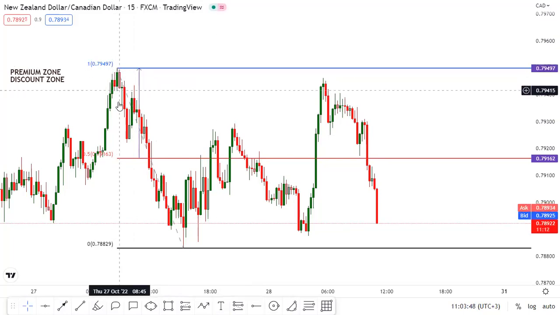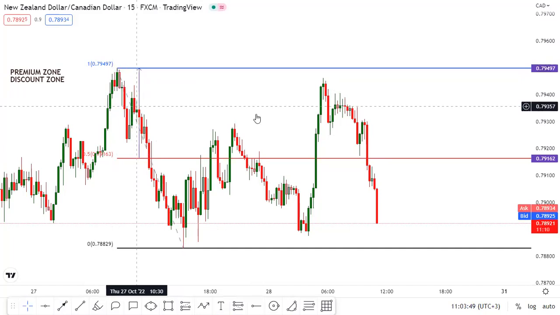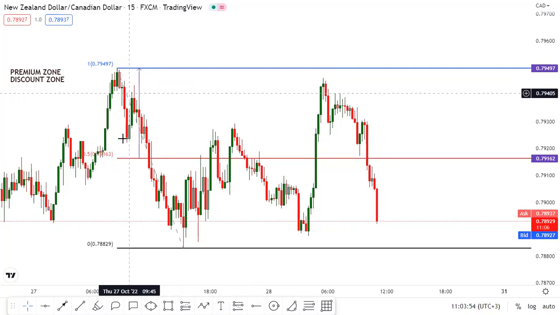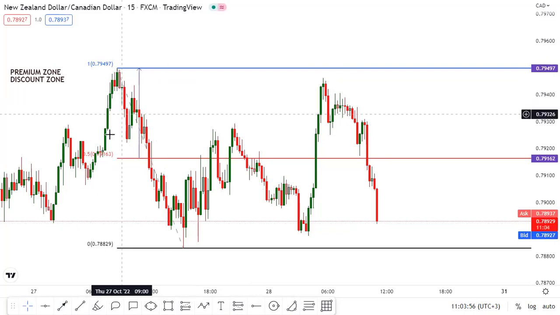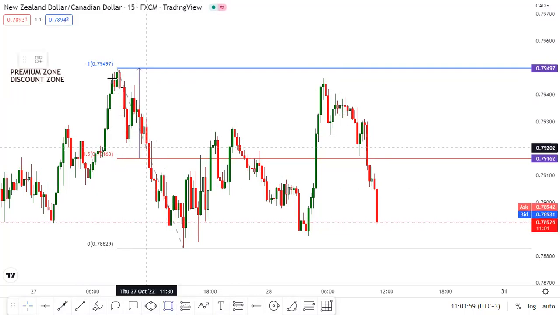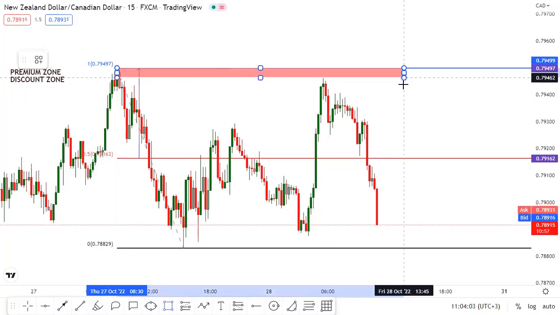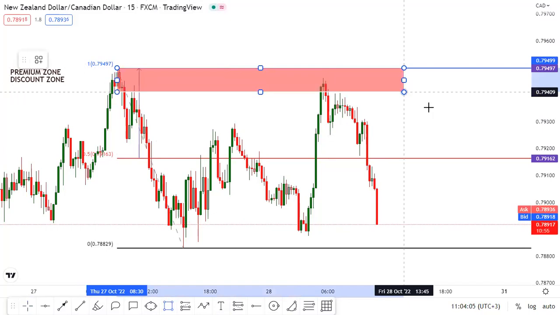You can choose one of the order blocks here and wait for price to touch. Like here, you can see I have two order blocks. I have this one here. You see that order block?